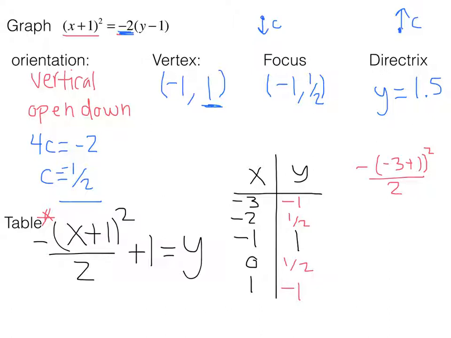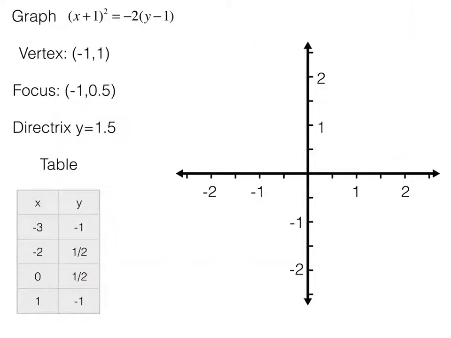So now we have enough information to create a graph. The first thing that's going to go on our graph is the vertex, negative 1, 1. Label your coordinate points. The focus is going to come next, and that's going to be negative 1, 1/2.